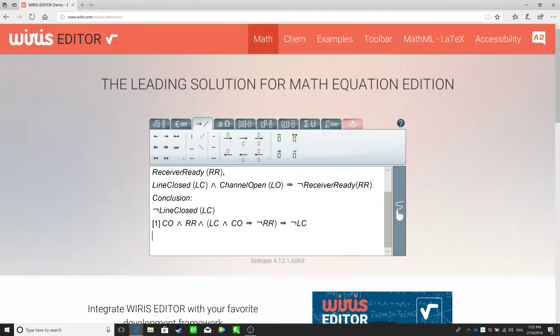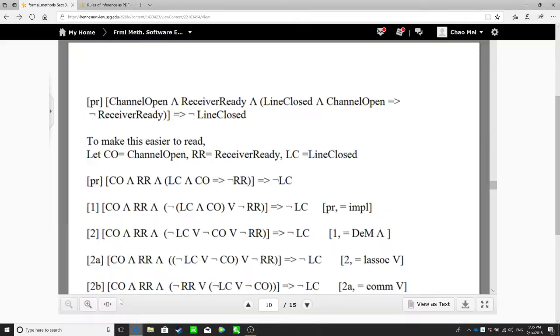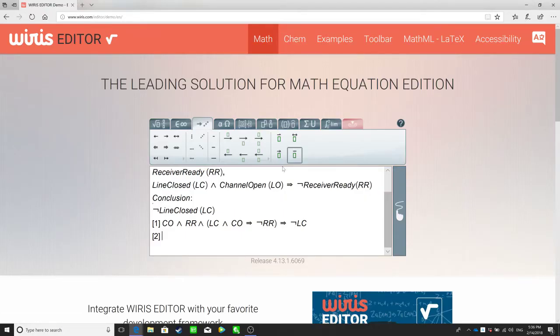Then the second one uses the IMPL rule. See, we have two implies. This is the thing we want to prove, and this is only one of the premises, so we need to rewrite that part as well.